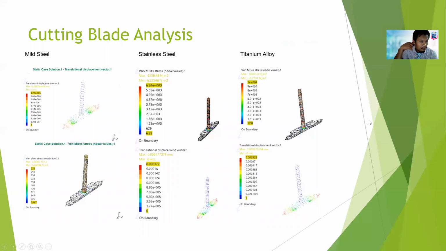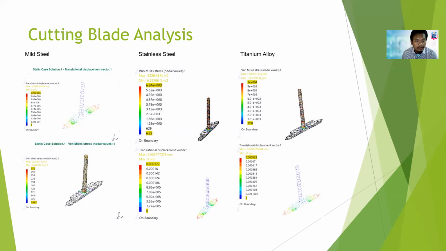Then from the design, we come out with the cutting blade analysis. For the cutting tools, we use three materials: mild steel, stainless steel, and titanium alloy.